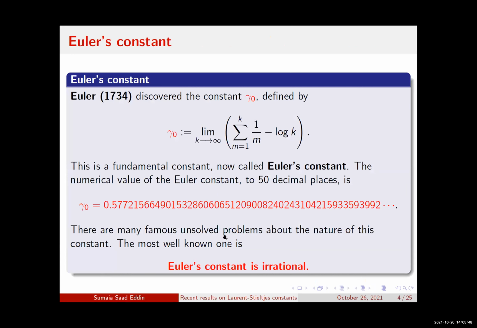In the particular case when n equals 0, we are speaking about the first coefficient. It is the Euler constant, defined by this limit. As most of us know, there are many famous unsolved problems about the nature of gamma 0. For example, the most famous one is whether this coefficient is irrational or not.